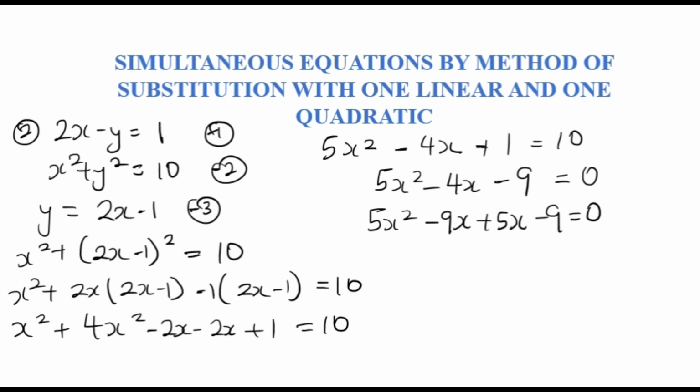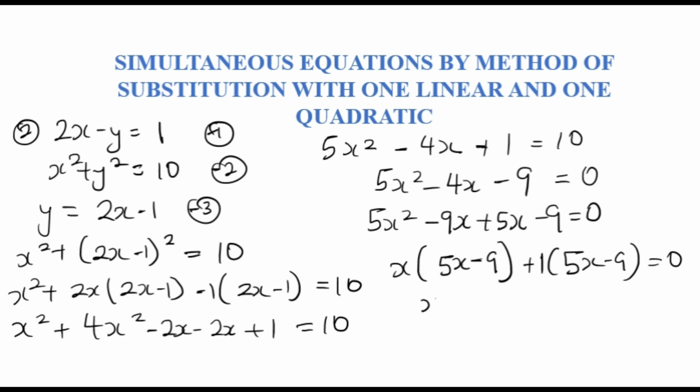And now we factorize. So we have x out, 5x minus 9, and we also have 5x minus 9 here. And over here we have plus 1 equals 0. So we have x plus 1 and 5x minus 9 equals 0.